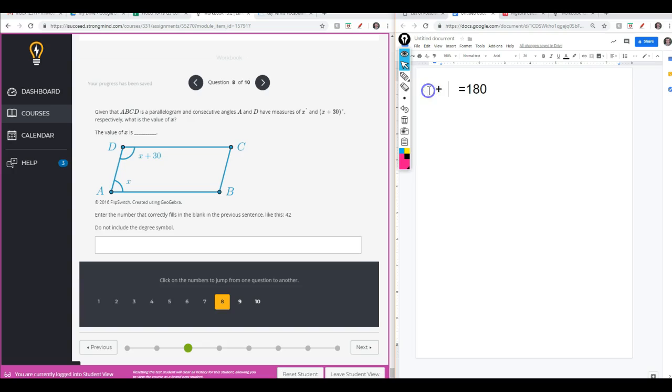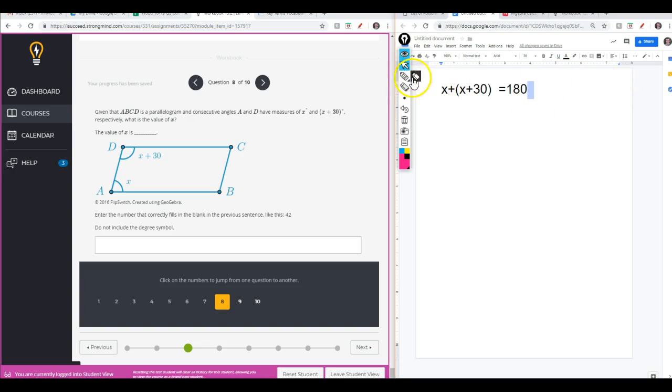So we know that our angle A and angle D added together equals 180 degrees. We know that angle A is x, and we know that angle D is x plus 30.